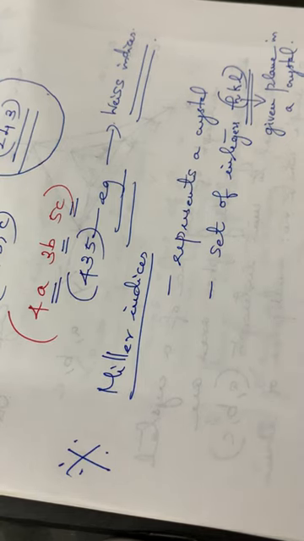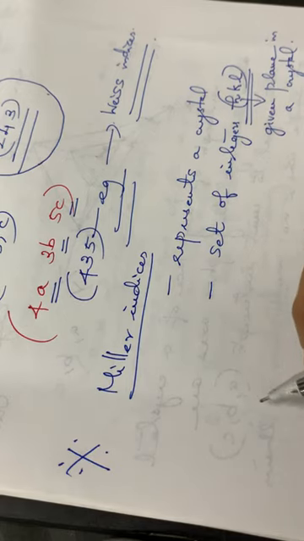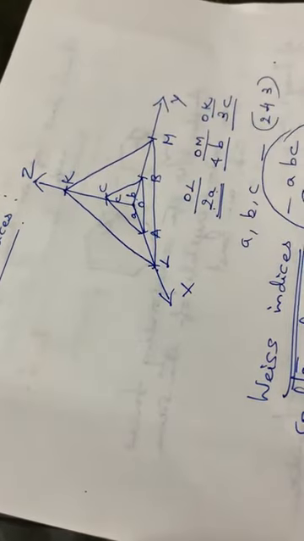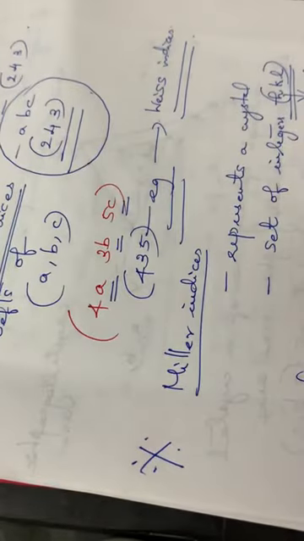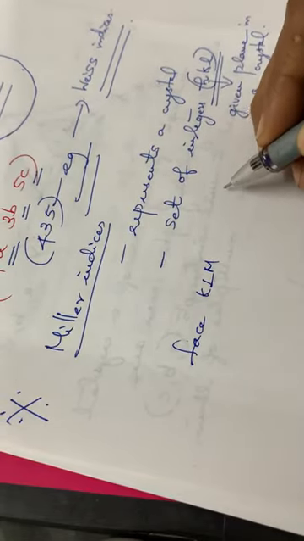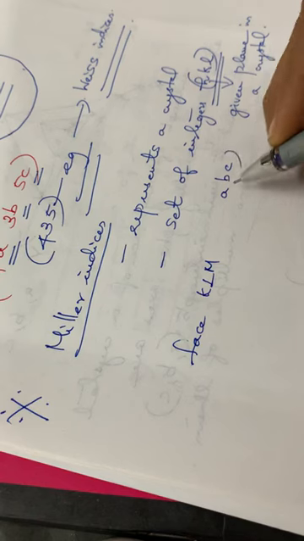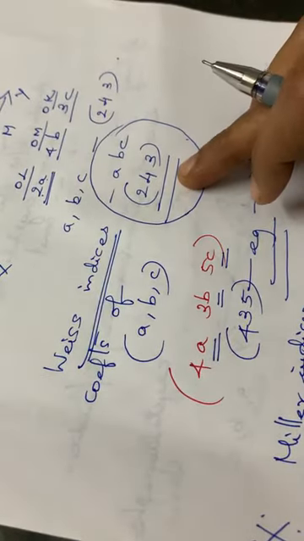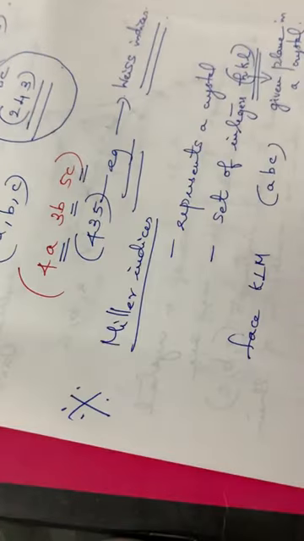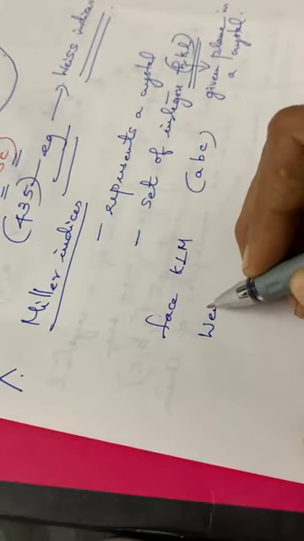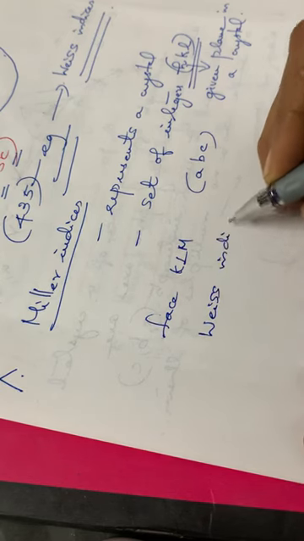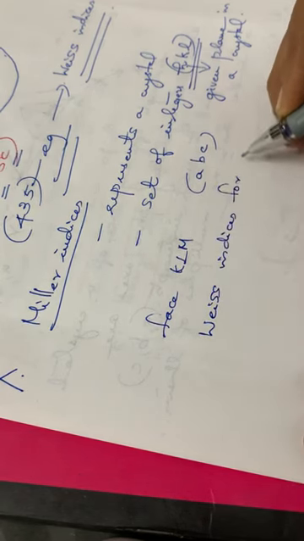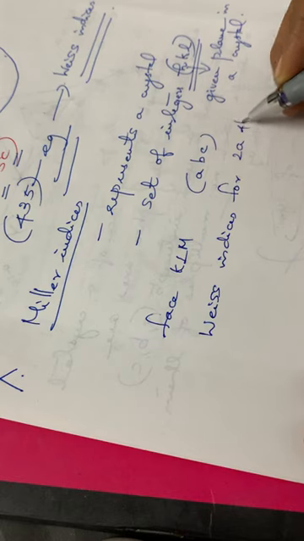Then again, see how to calculate a Miller index. Normally, for a face KLM, the unit cell dimensions are A, B and C. And we have seen the Weiss indices for the plane 2A, 4B and 3C.